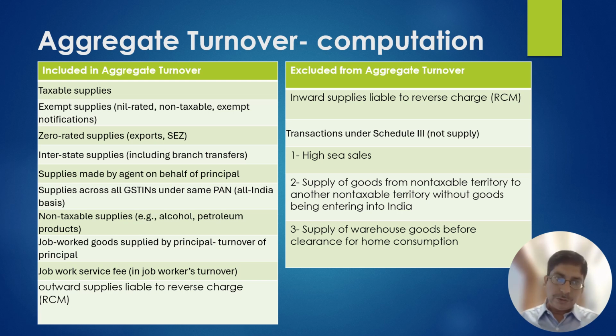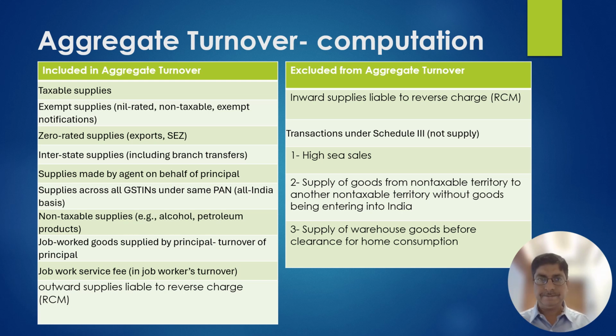However, it is to be considered in the aggregate turnover of the GTA service provider and not in the turnover of the recipient. The recipient is just paying the taxes under RCM on behalf of the supplier because he is more organized. So the supplier is not paying, but you are paying the taxes. That does not mean that it is to be included in the recipient's aggregate turnover. It will be included in the aggregate turnover only in case of the supplier, that is, the GTA service provider in our case.